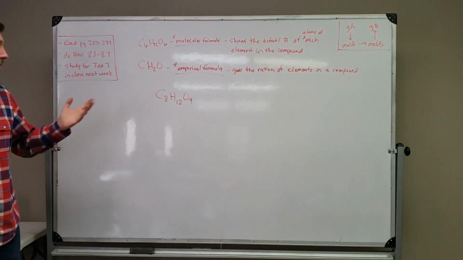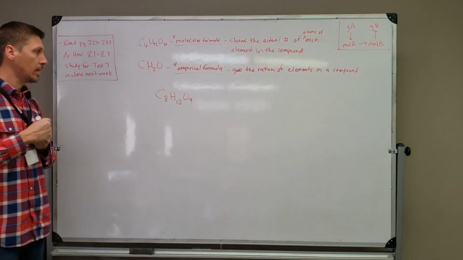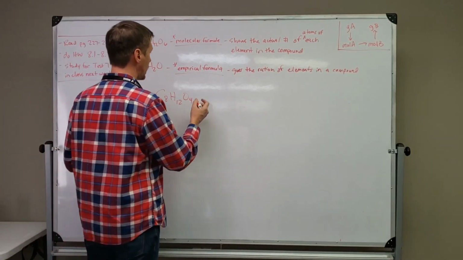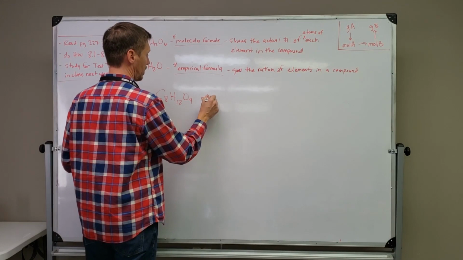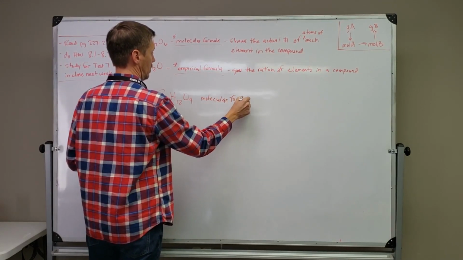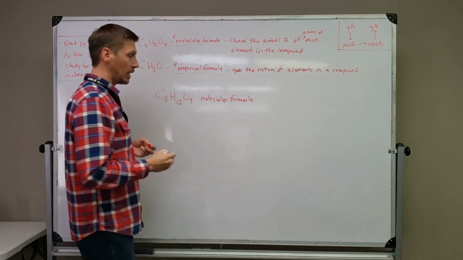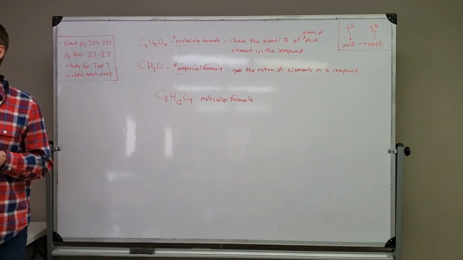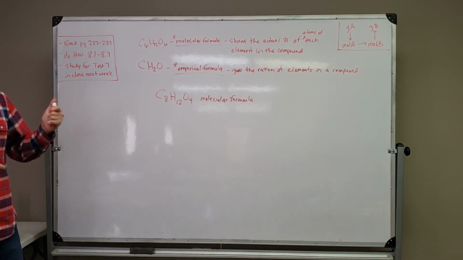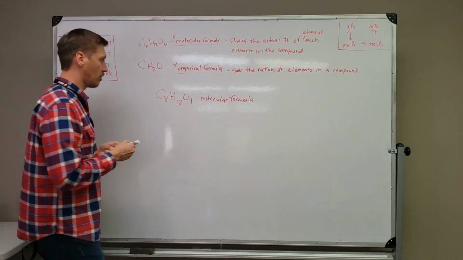Can it be divided by a common factor, right? And can this one? Yes. It can, right? So we say then that this is the molecular formula. Everybody see that? Everybody understand why that is? Okay. The next question is then, what is the empirical formula for this?